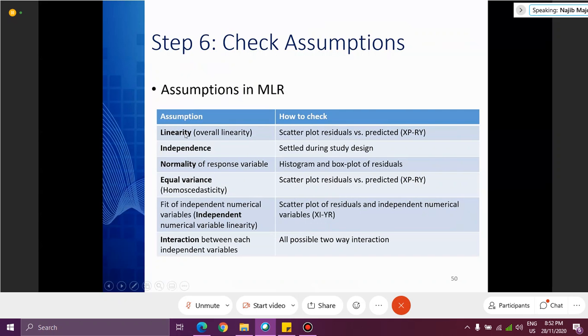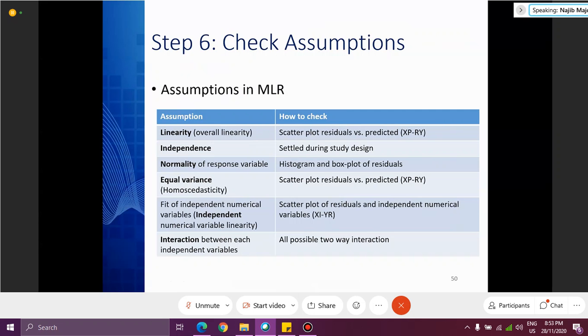So how to check the assumption of linearity? Remember during our previous lecture on simple linear regression analysis, you can check the assumption based on the scatter plot of the original values, the raw values of the independent and dependent variable.